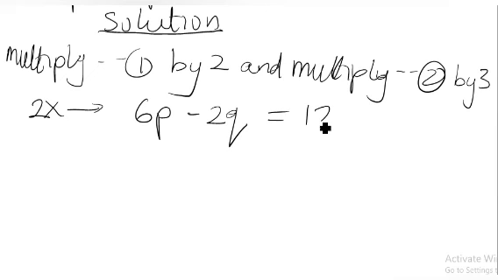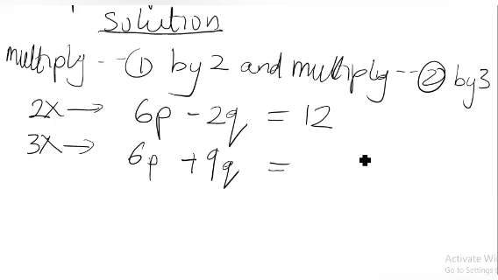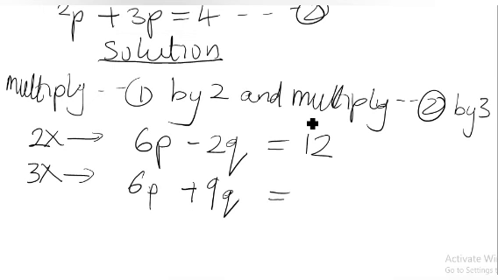And here we'll be multiplying by 3. 3 times 2p is 6p, plus 3 times 3q is 9q, equal 3 times 4 is 12.